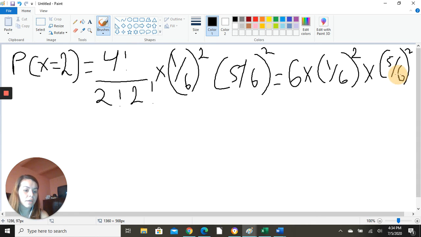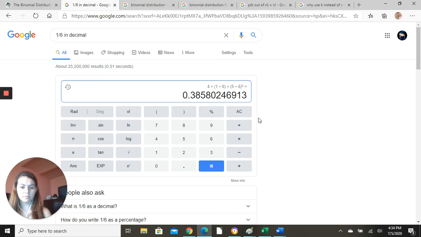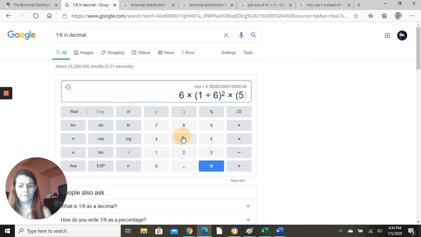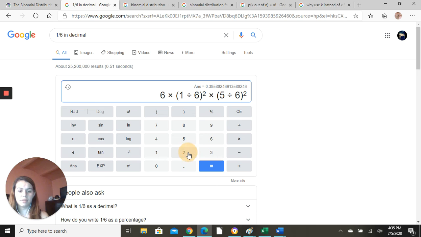So we're going to head on to the calculator to find our probability. 6 times 1 over 6 to the 2nd power times 5 over 6 to the 2nd power equals 0.1157.